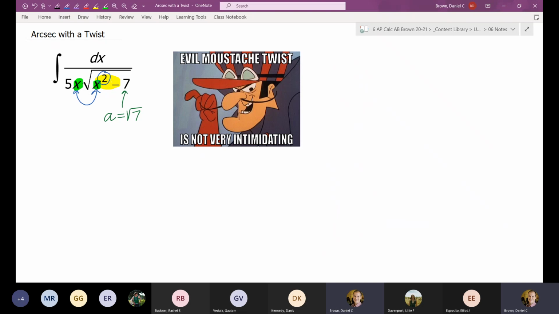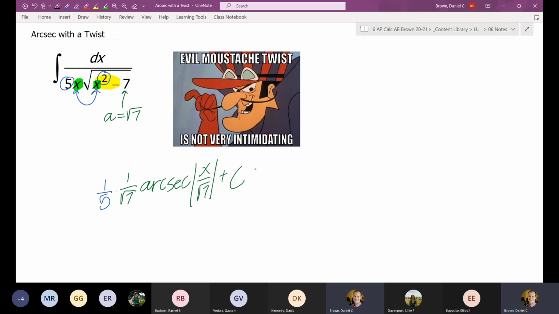I have this 5 in the denominator that's going to carry across, so I have a 1/5 built in from the problem. And then I'm going to use the arcsecant rule: 1 over a, arcsecant, absolute value of x over a, plus c.